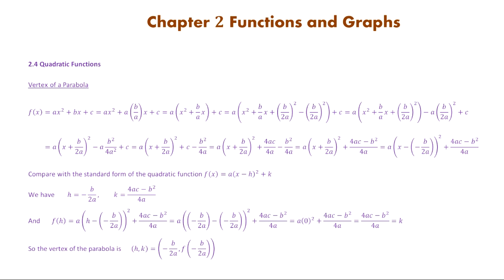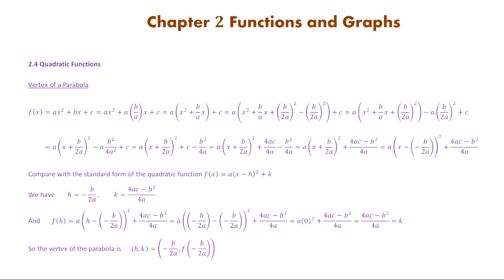function. Okay. So the whole thing we have done so far is just to rewrite the function from the general form of ax squared plus bx plus c into the standard form, step by step. Yeah. You need to manipulate those symbols a little bit, but at the end, that's what we get.